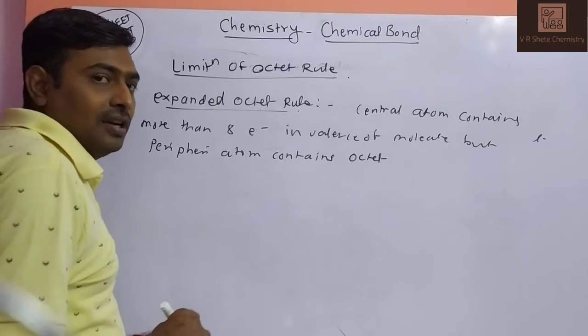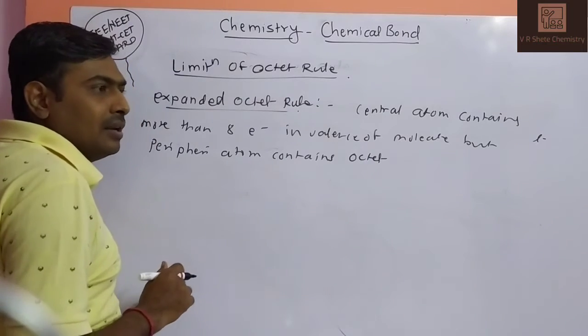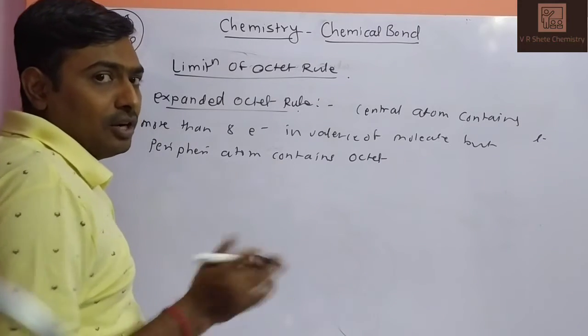So this is an example of expanded octet. It means the central atom has more than 8 electrons, but the periphery atoms complete their octet.